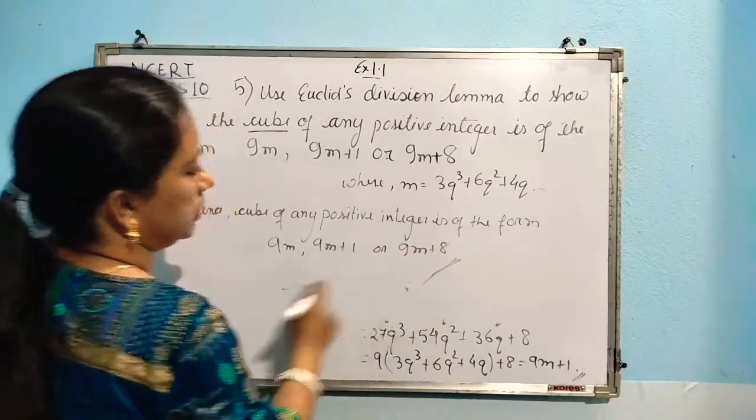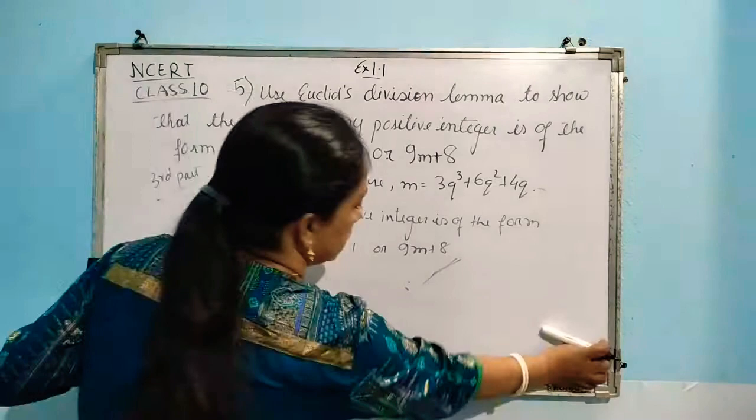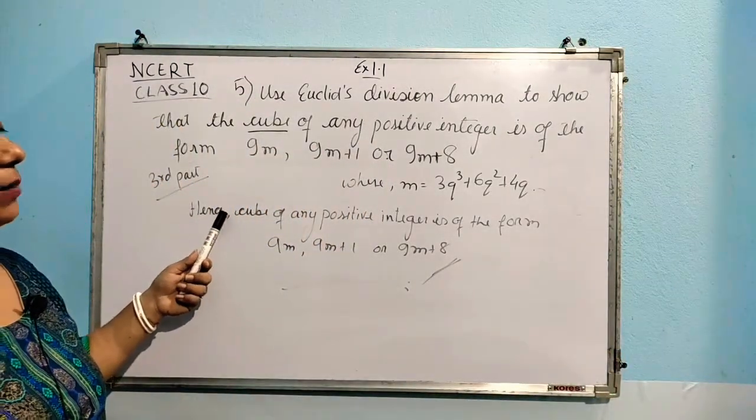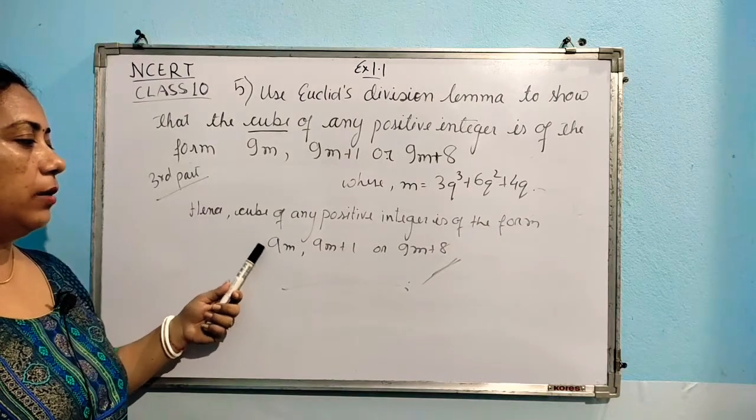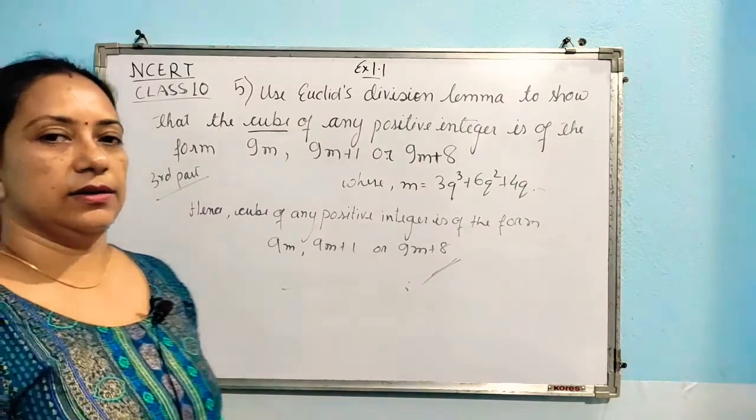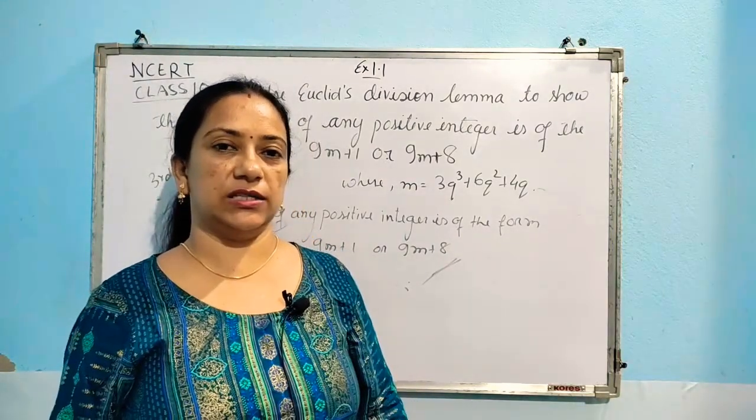This much is done. So this is what was needed in the question. So we have ultimately proved that the cube of any positive integer is of the form 9m, 9m plus 1 or 9m plus 8. So this much for today's class.